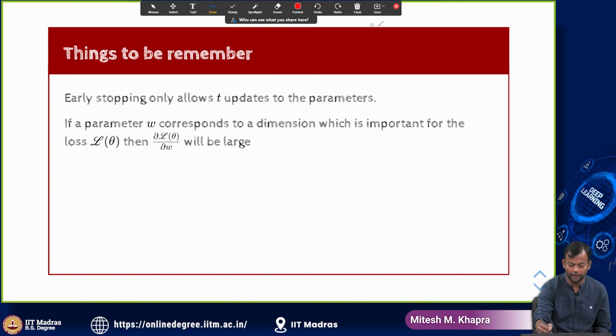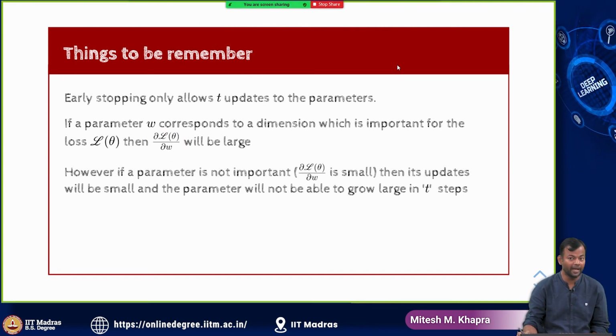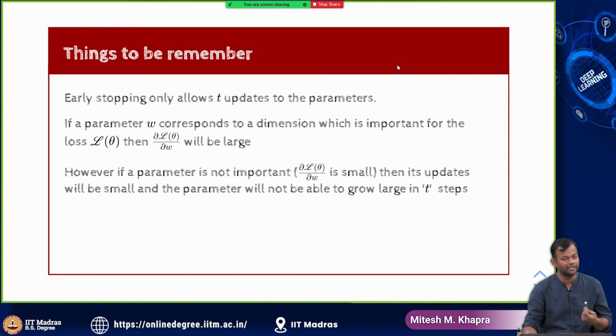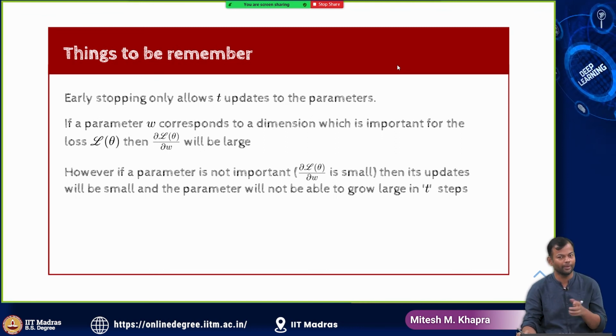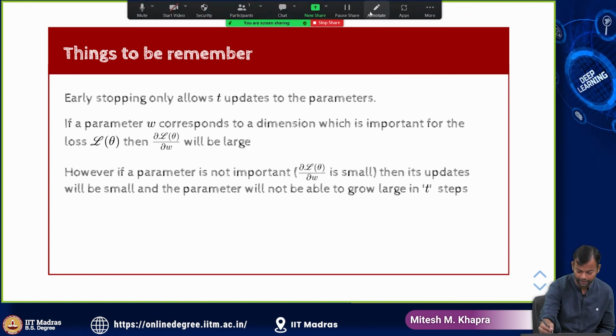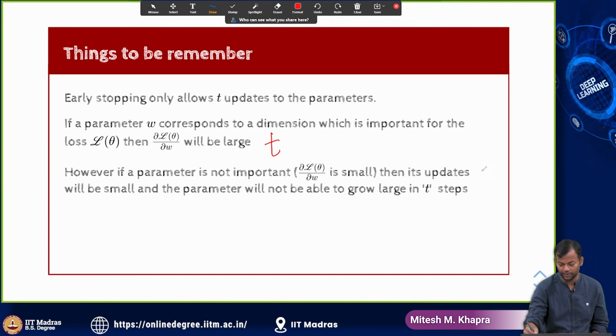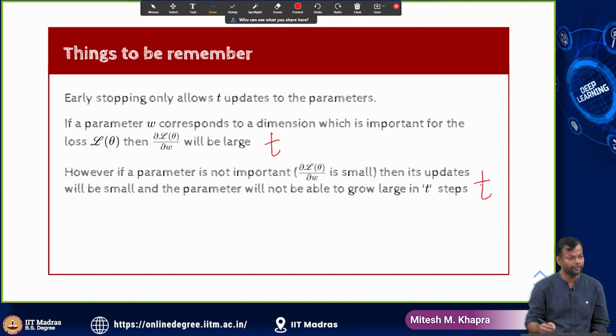Similarly, if the parameter is not important, that means even if you change W by a small amount, the loss is not going to change much, which is the same as saying that the derivative is going to be small, right? So for the important parameters the derivatives are large, and you are allowing T updates. Even for the unimportant parameters where the derivatives are small, you are allowing T updates, right?